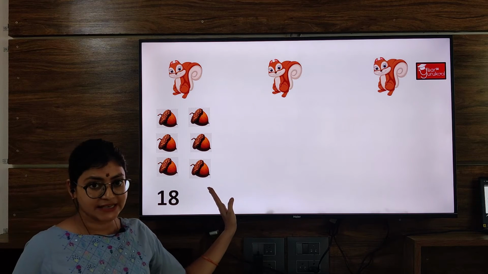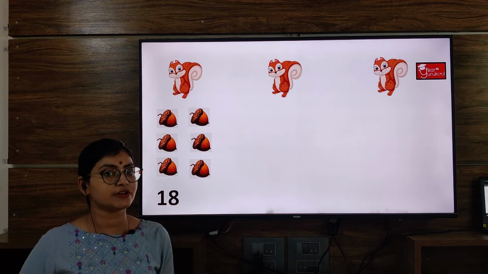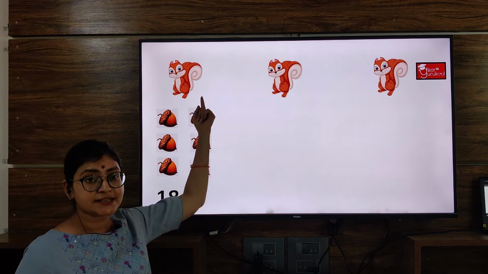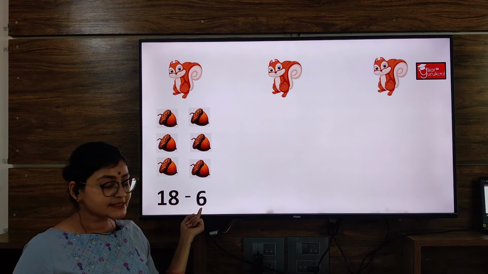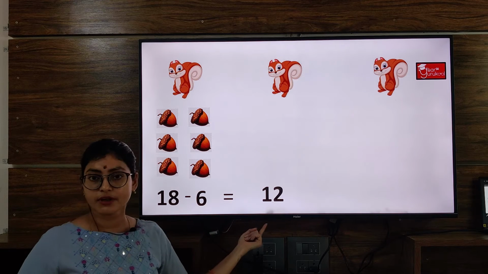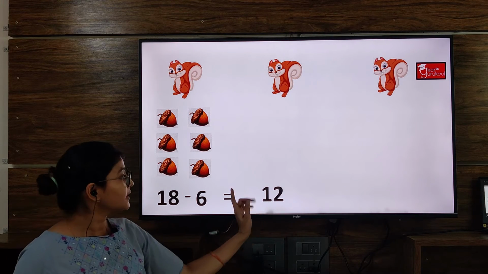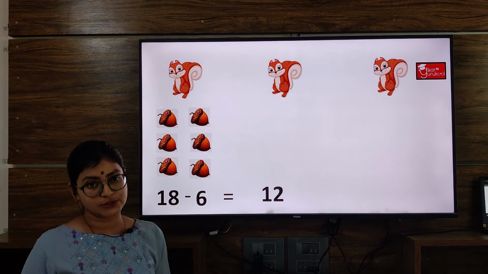The quotient was 6. As I told you, Samar will give 6 nuts to each one of the squirrels. So 18 minus the 6 nuts that he gave to the first squirrel, 18 minus 6 is 12. Now Samar is left with 12 nuts after giving 6 nuts to the first squirrel.